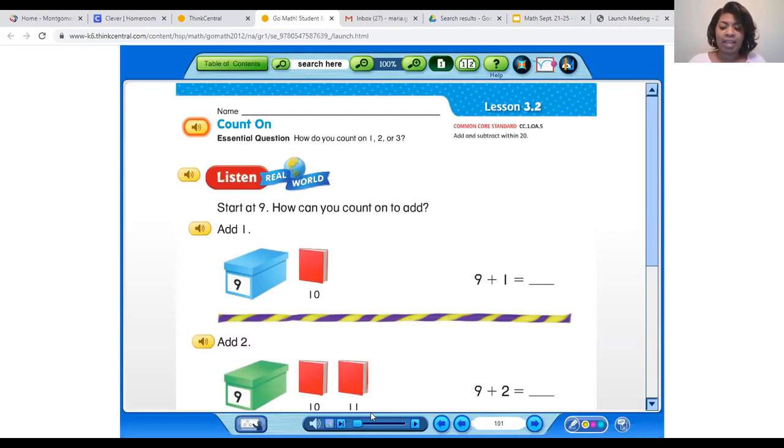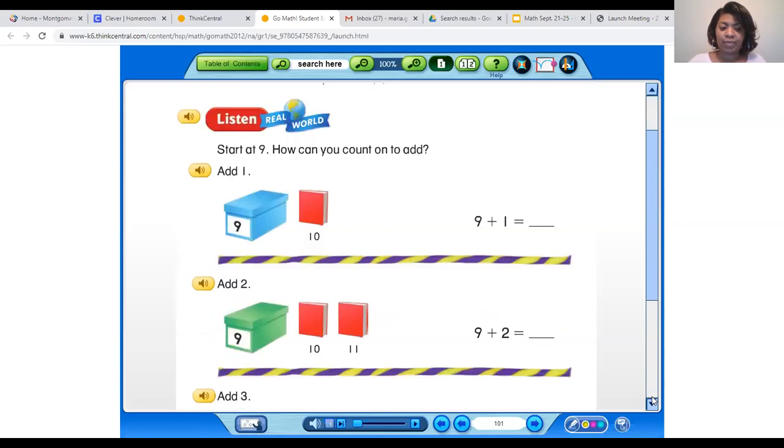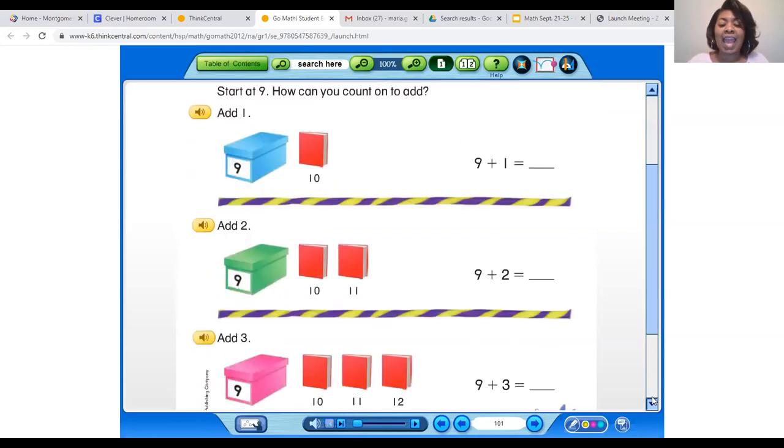Now let's look at this right here. Number 2 instructs us to add 2. This time I have 9 and I have to add 2 more to it. So what I could do is what they did: get my pencil and draw 2 more things and say 9, 10, 11.